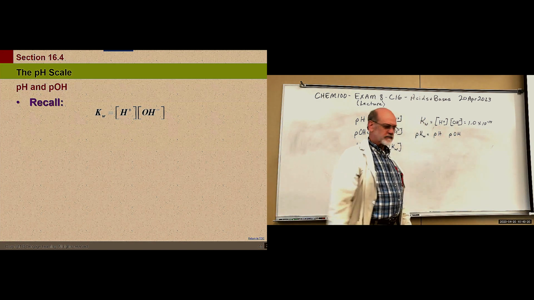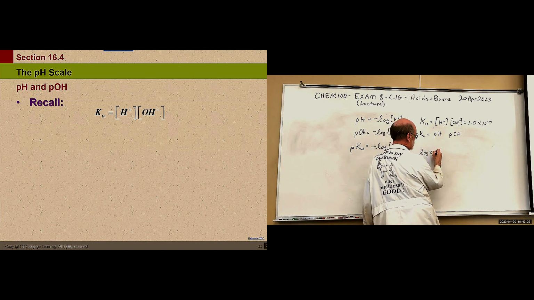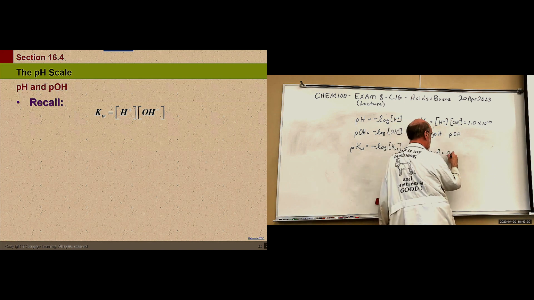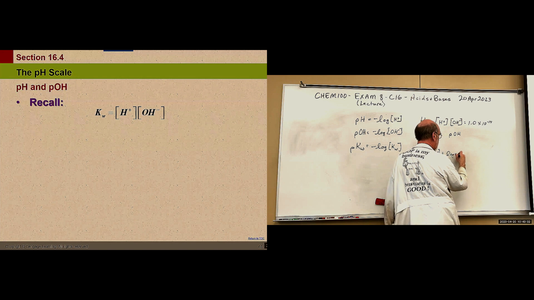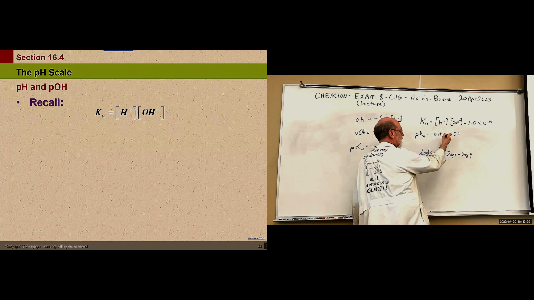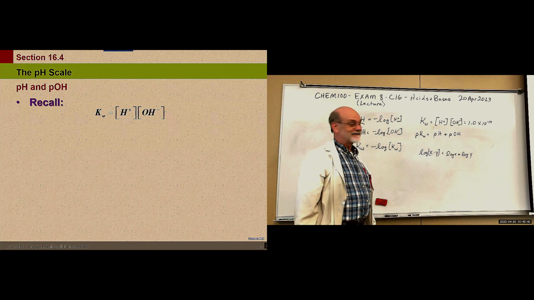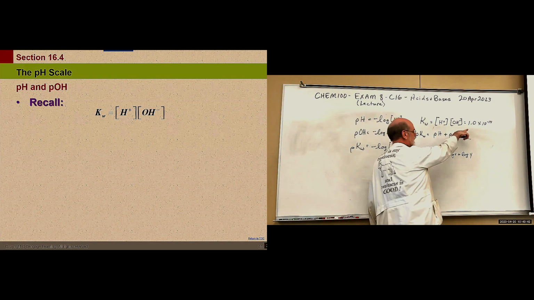And what do you do when you take the log of X times Y? That's the same thing as saying the log of X plus the log of Y. So that means this is a plus. Okay. Now let's take the negative log of this one.